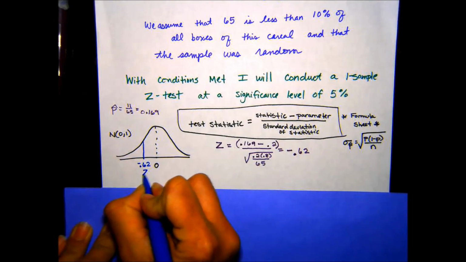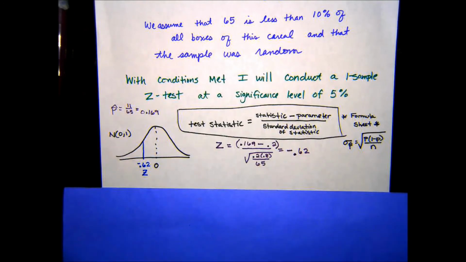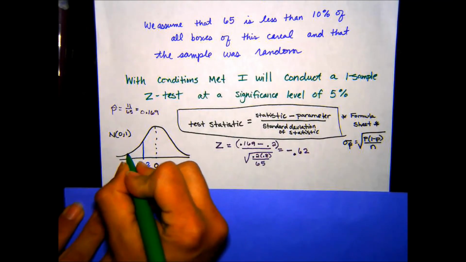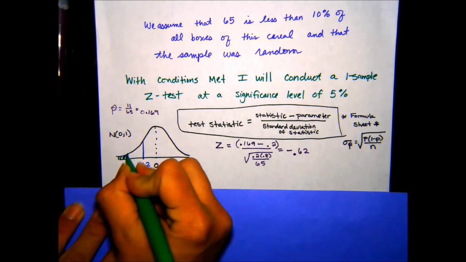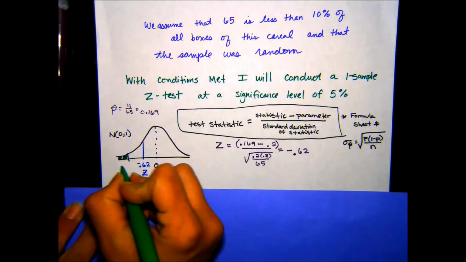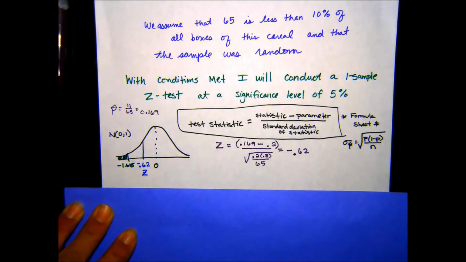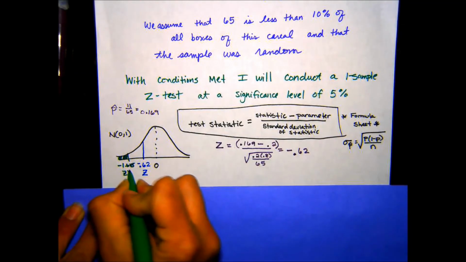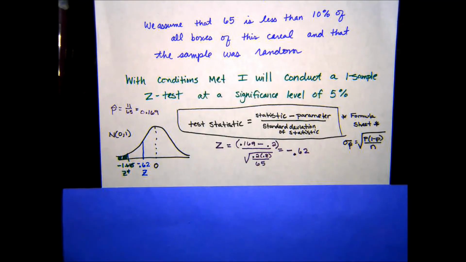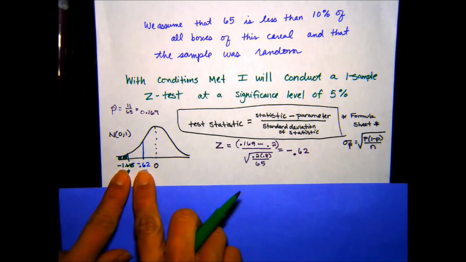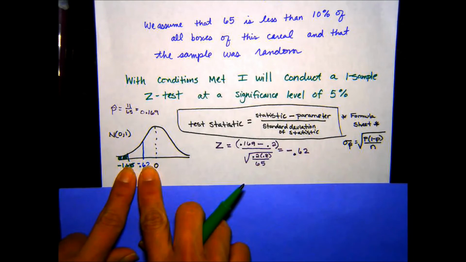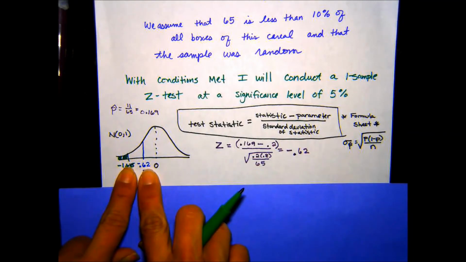If you know anything about critical values, with an alpha level we set at 5%, our z-star is going to be down here at negative 1.645. This will be our critical value. Already, if I compare these things, I know that I do not have any significant evidence to reject the null hypothesis.